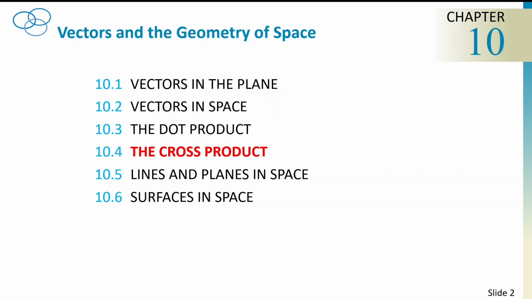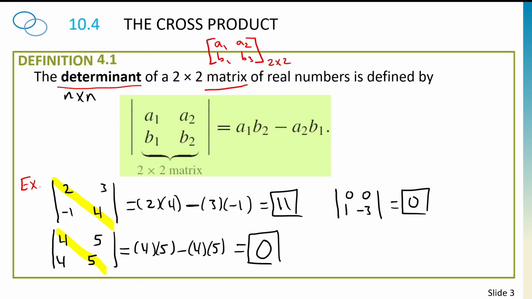I'm not sure if you covered matrices before, but the idea of a matrix is basically an array of rows and columns. You can have anything inside this array, but we're interested in the one with real numbers. So I have it as A1, A2, B1, B2.